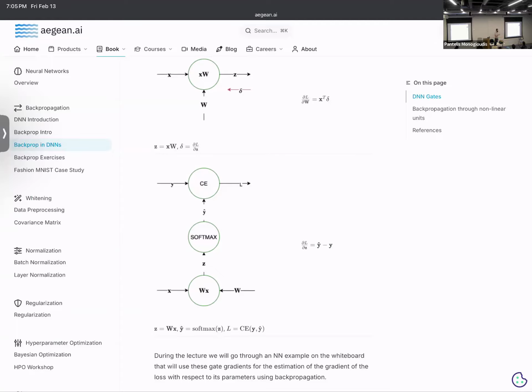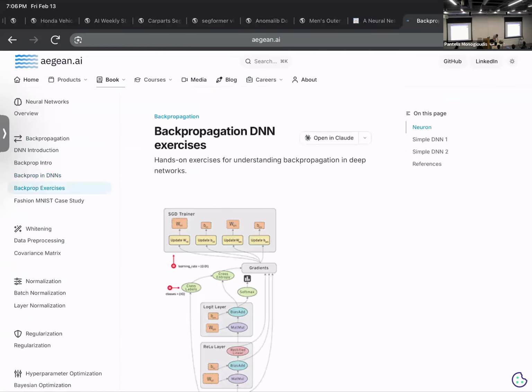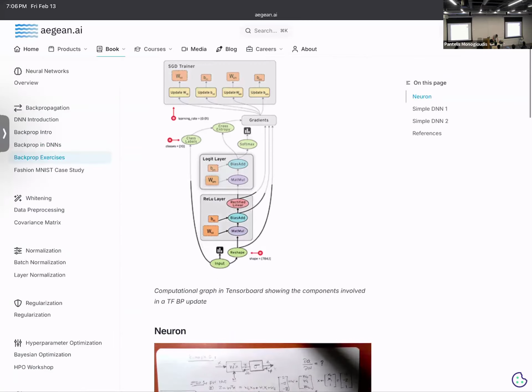So if you run it on a GPU, obviously the training should not be too much of an issue these days. It used to be a very big issue many years ago. Okay, any questions on backpropagation? All right.